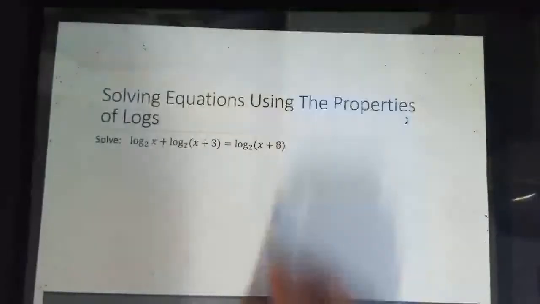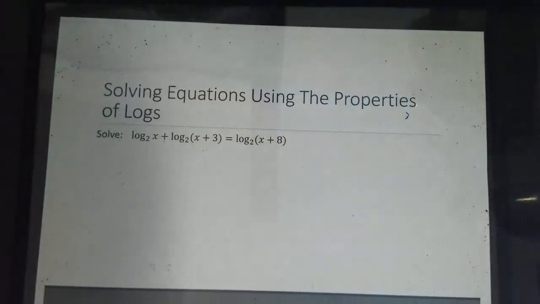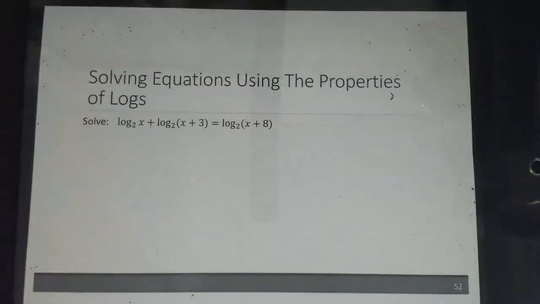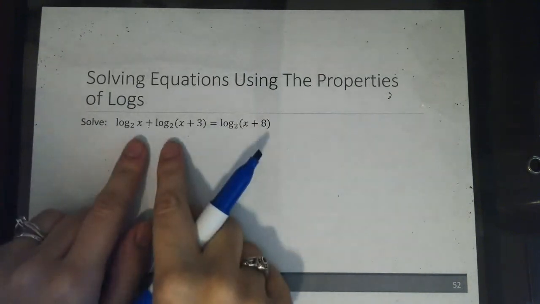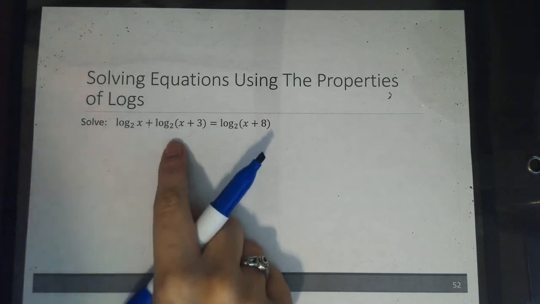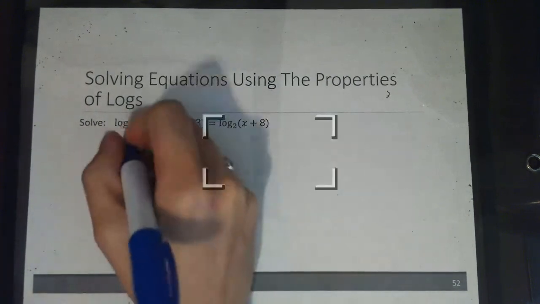We're going to try one more where we're using these properties of logarithms. We have log base 2 of x plus log base 2 of (x plus 3) is equal to log base 2 of (x plus 8). So first up, I see that I have two logarithmic expressions added together with the same base. So I can combine them with multiplication.